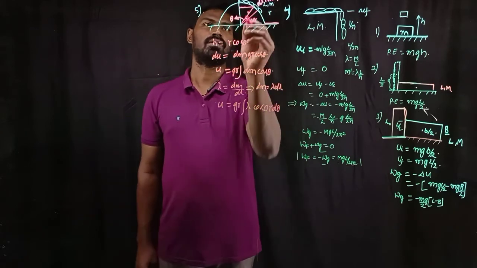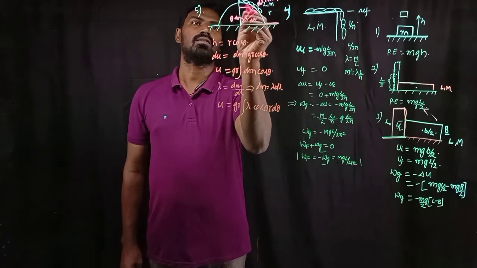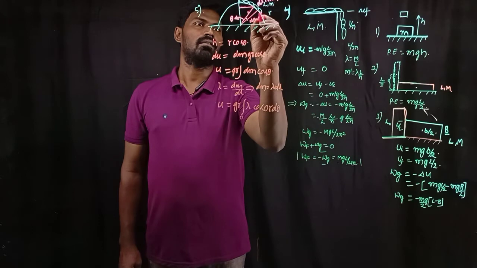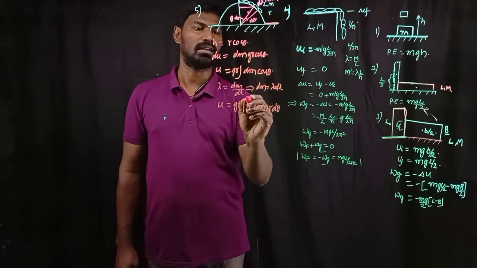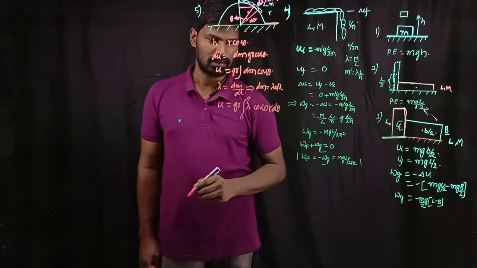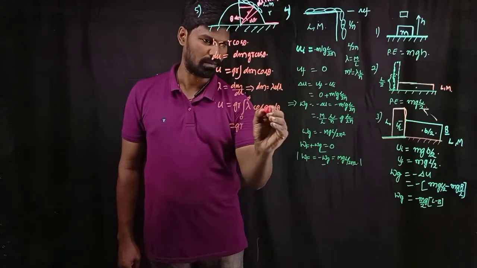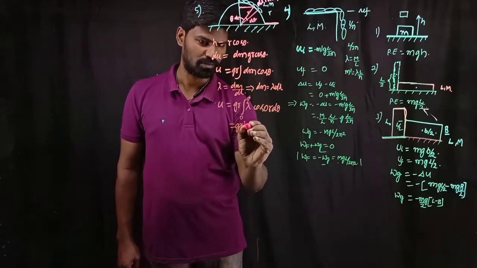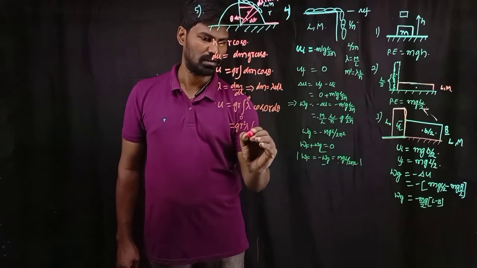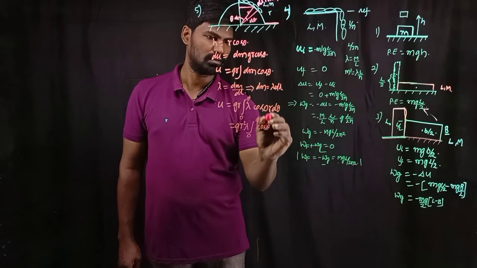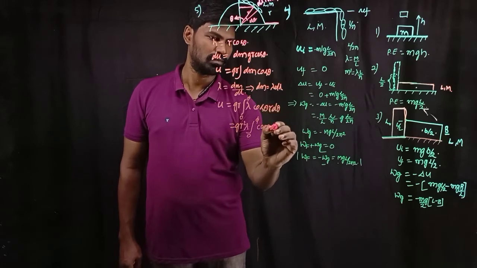The value of theta changes from 0, when this coincides with the vertical axis, to some arbitrary angle phi when it comes to this end. g is constant, r is constant, lambda is also constant, so that is g r squared lambda into the integral from 0 to phi of cos theta d theta.